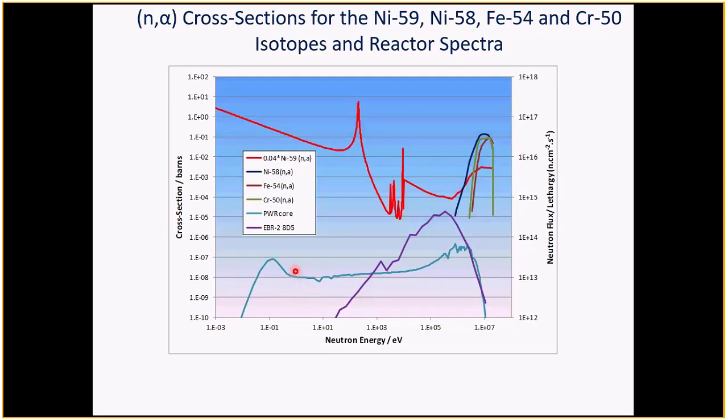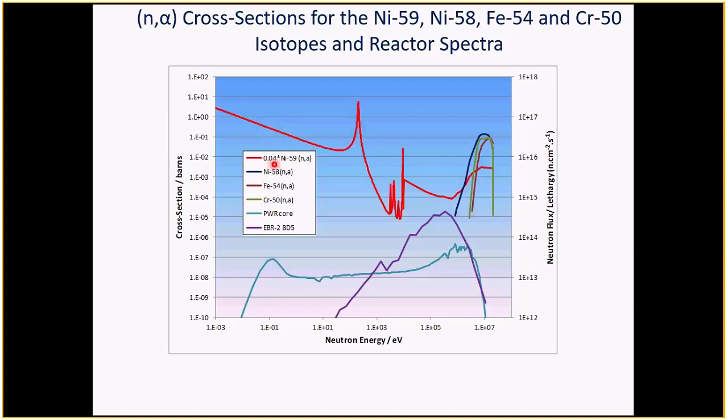What we have though is this is a PWR reactor now. Because it's a power reactor, we tend to have a lot of neutrons down at these low energy range. And for that reason, we can produce a lot of, in this case, helium.